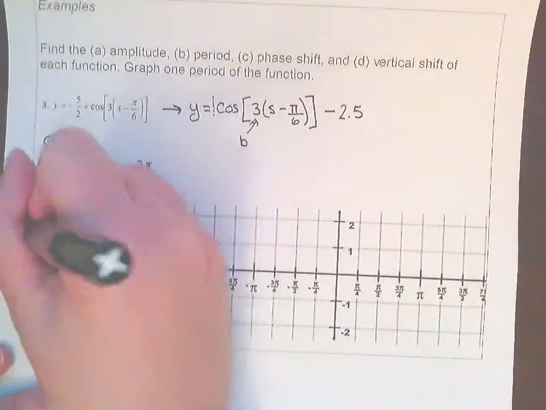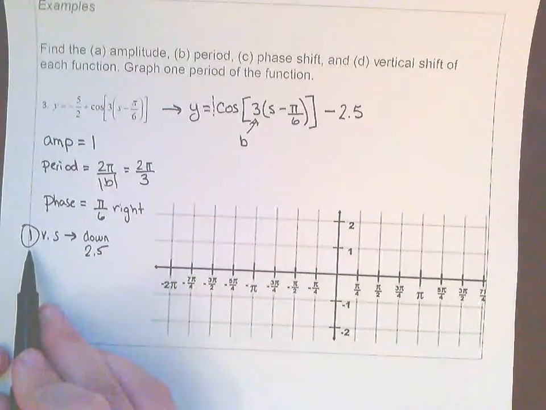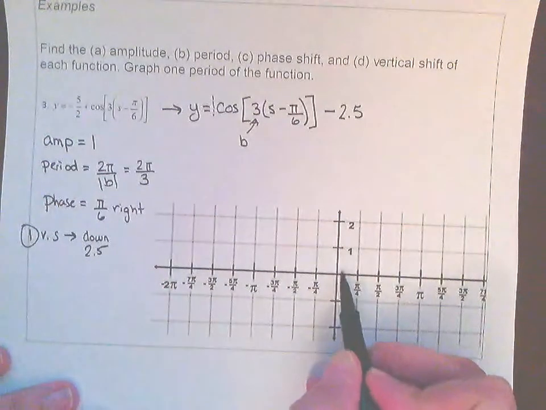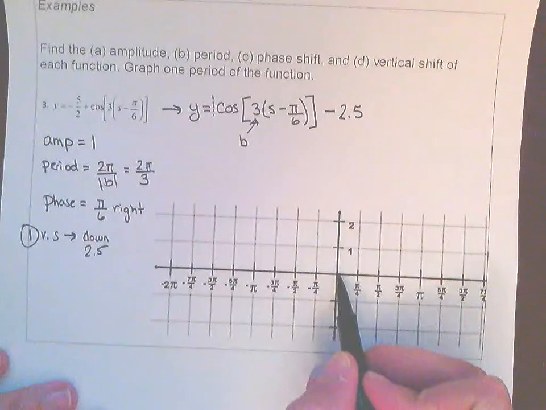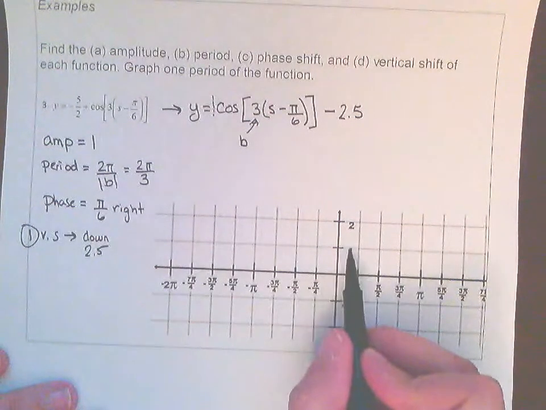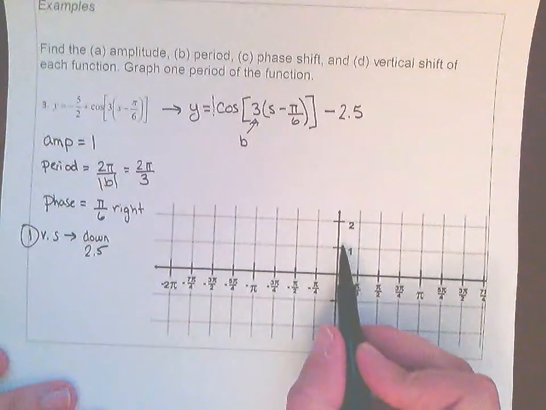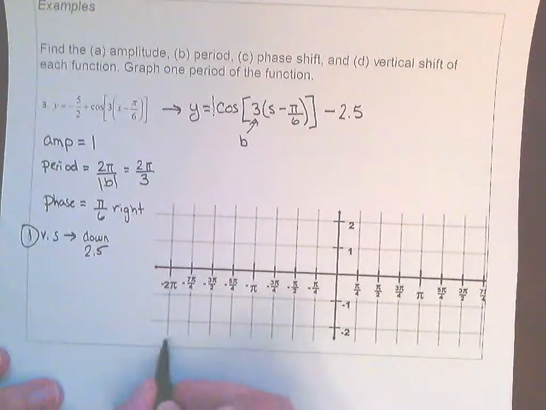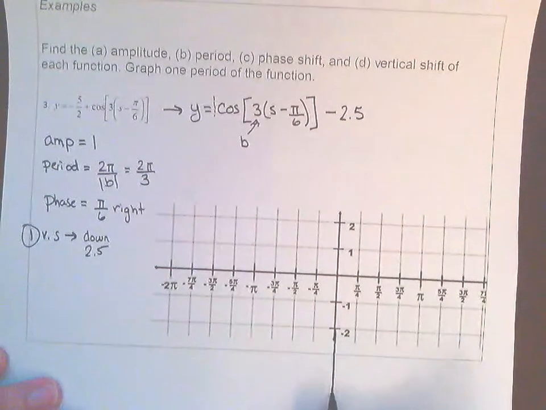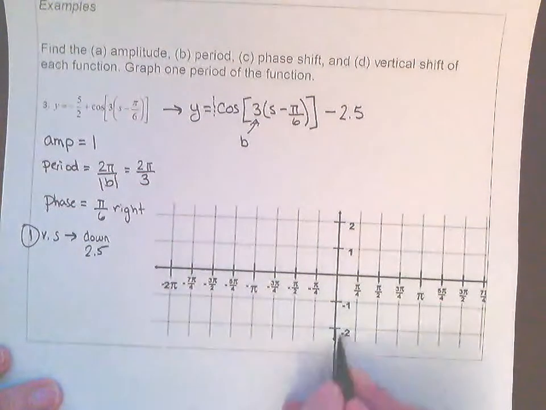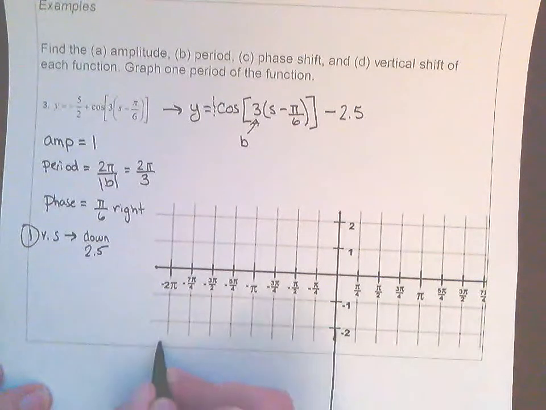Alright, the first thing I'm going to start with is I'm going to identify my vertical shift. So originally I know that cosine functions are centered at the midline, and usually the lowest is -1 and the highest is 1. So if everything is going to be moving down 2.5, my midline is going to be at 1, 2, 2.5.